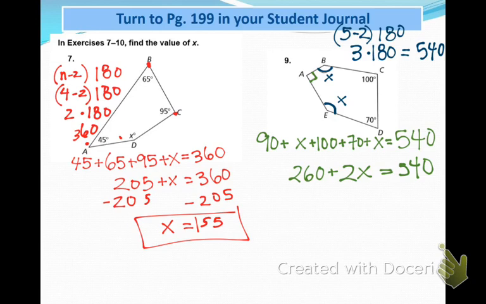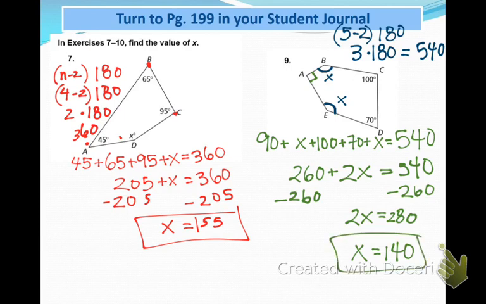All right, how do we continue to solve? Subtract 260. 2x equals 280. All right, do we have what x equals? Divide by 2, and x equals 140. Boom.